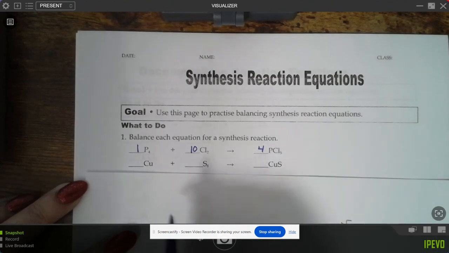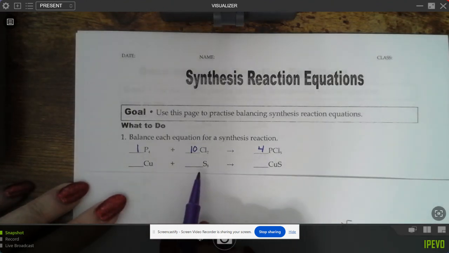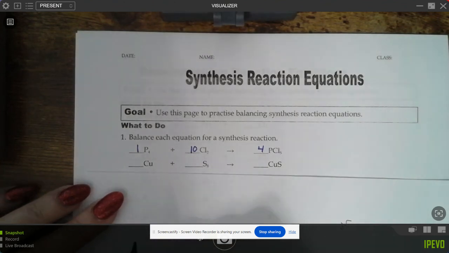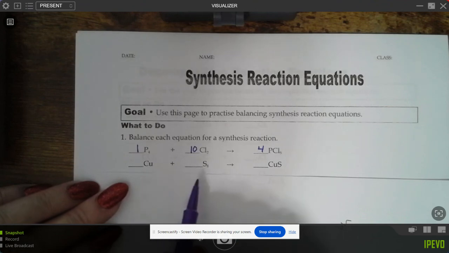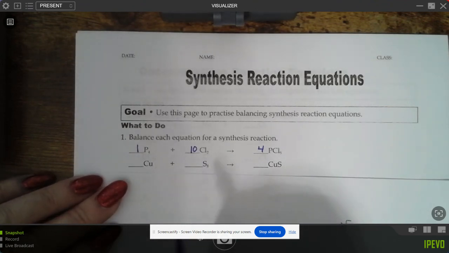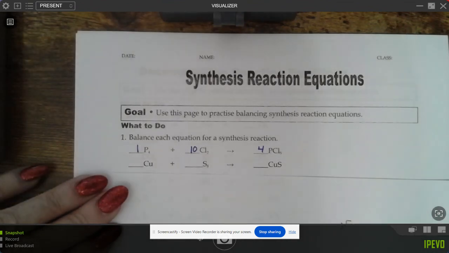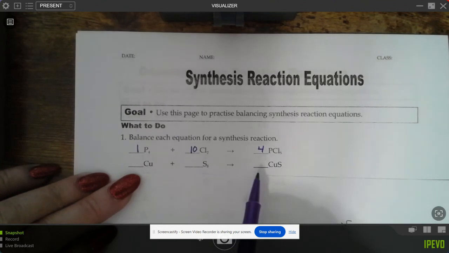All right. So I have copper plus sulfur, and I know that we've talked about things only being 1 in synthesis reactions, but sometimes there are compounds, molecules that are a little bit different. We just pick the easier ones for us to predict. We know that this is synthesis because it's 2 elements forming 1 compound.